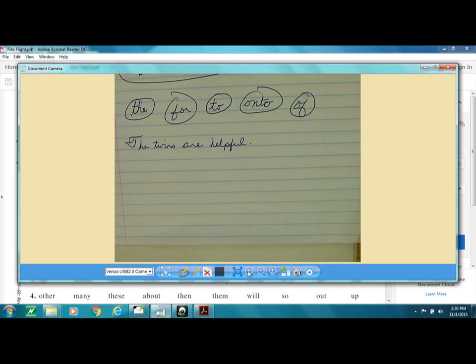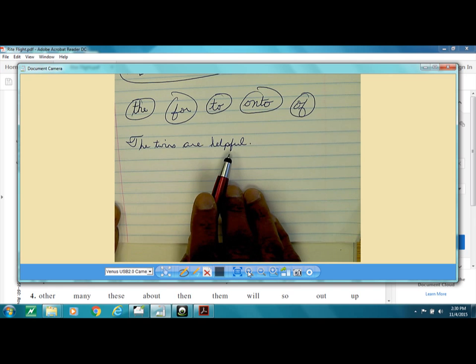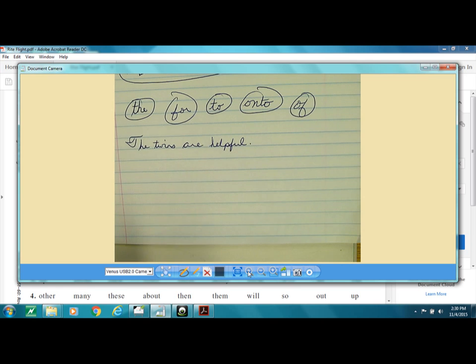This is the sentence. The twins are helpful. You need to have that written. You may choose cursive or you may do it in print. I just want it on the paper right now. Okay? The bell's about to ring and distract us, but go ahead and put that down. The twins are helpful.